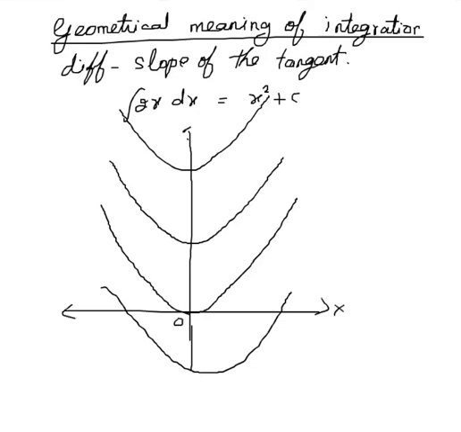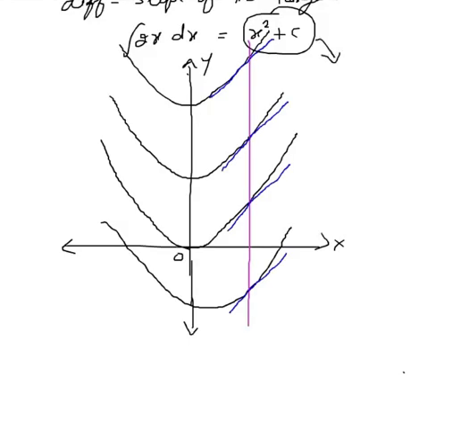This is the x-axis, origin, and y-axis. If I draw a vertical line parallel to the axis of the parabola, here the axis of the parabola is the y-axis, and draw tangents to these parabolas at the points where this vertical line intersects, all these tangents will be parallel to each other, whose slopes are 2x. Therefore, this x square plus c represents a family of curves.